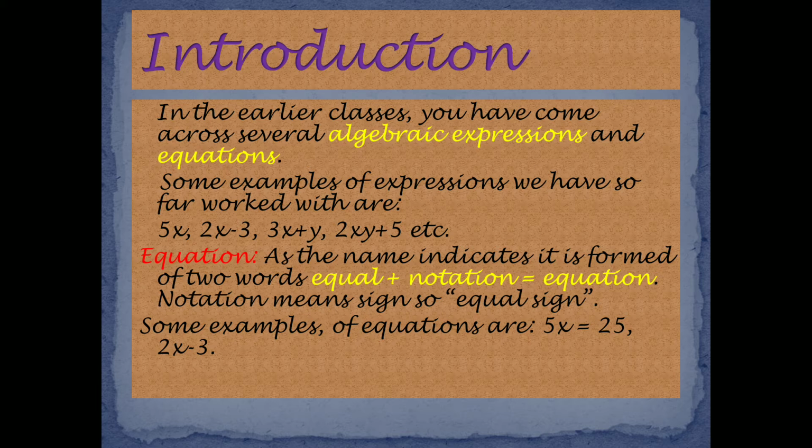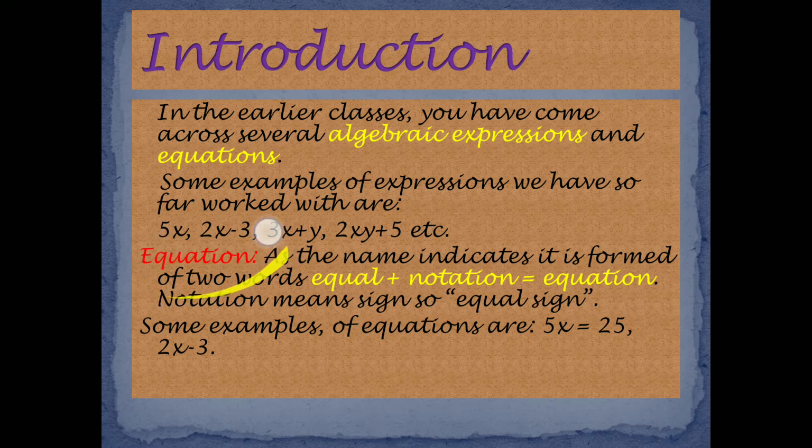Some examples of expressions we have so far worked with are 5x, 2x minus 3, 3x plus y, 2x plus 5. These are what? Algebraic expressions. Okay, if there is an equal sign, and after the equal sign on the right hand side I place any constant term or any term with variable, that will be known as an equation.